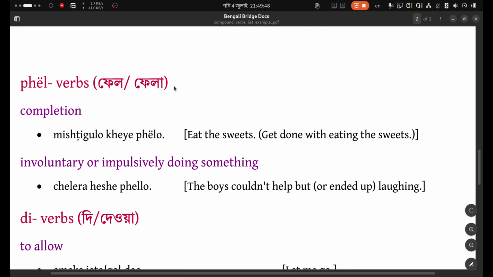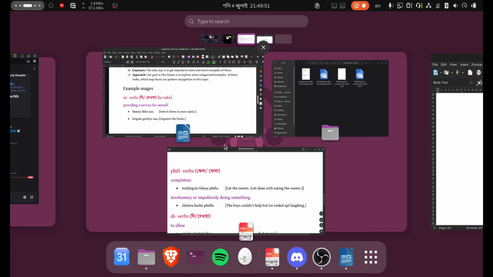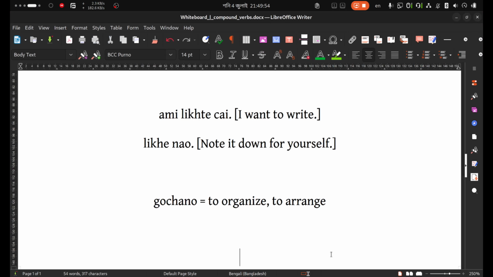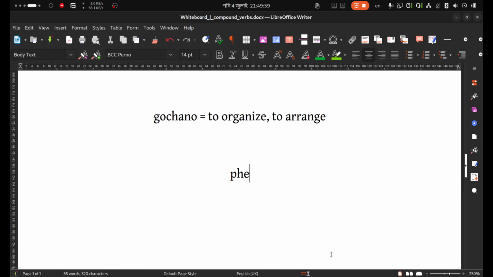Pel by itself means something completely unrelated. It's not pill, it's not this one. It is pel. It is this sound, a vowel.